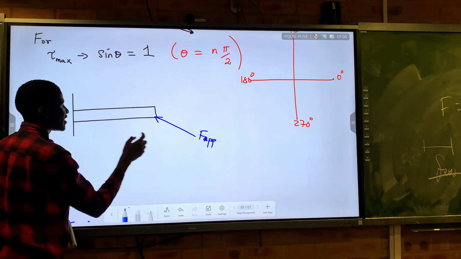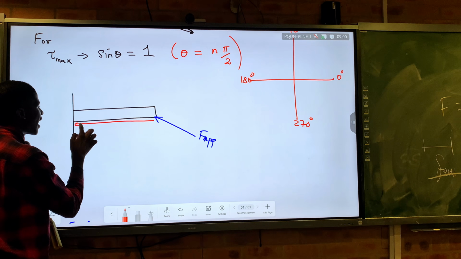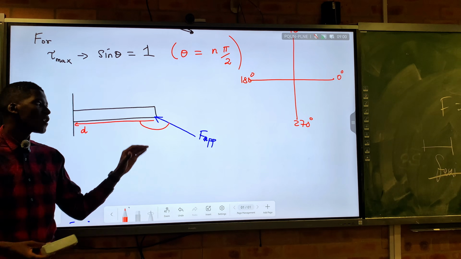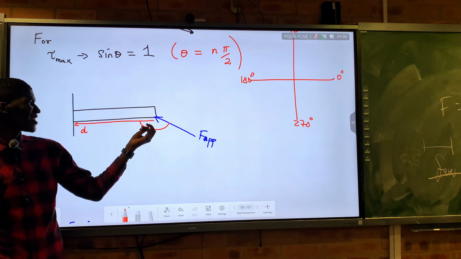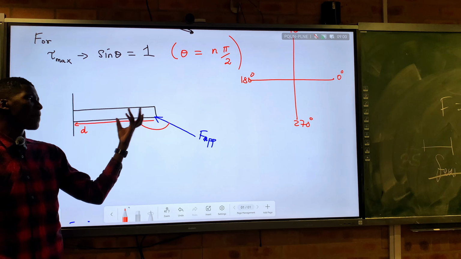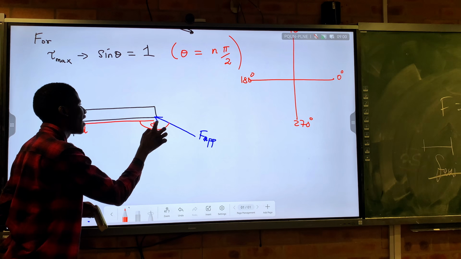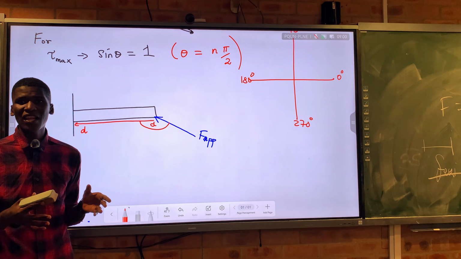If I compare the applied force and the distance vector, the angle between them is either above 90 or below 90. In this case, it's above 90, an obtuse angle. So since this is above 90, sine alpha of this is going to give us a smaller value.